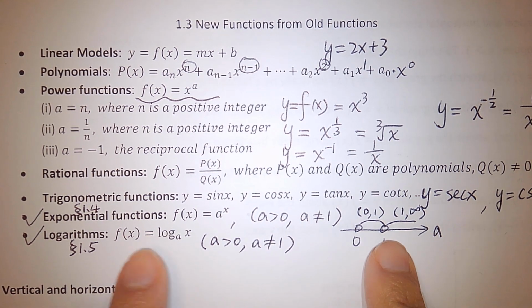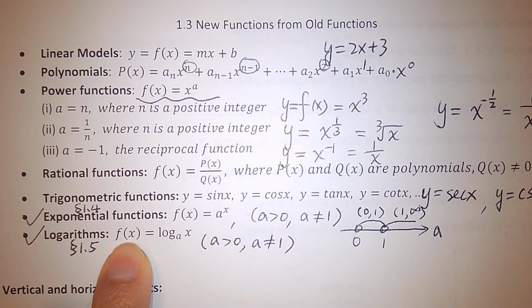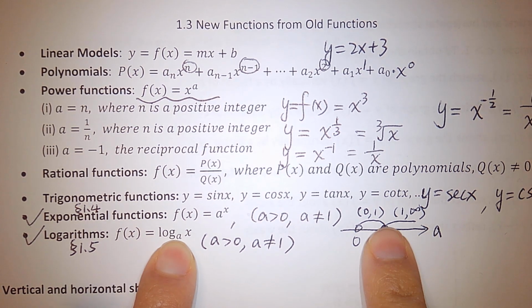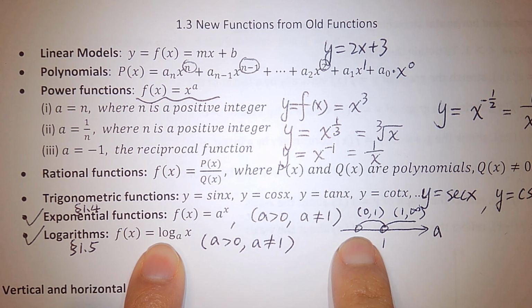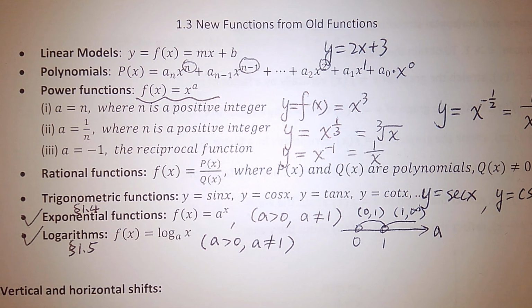So for the logarithm function, we'll also have 2 cases. One case is when the base a is greater than 1. The other case is when the base a is between 0 and 1. So these are the essential functions we learned before. I assume you have already learned all of these functions. You've seen them before, right?